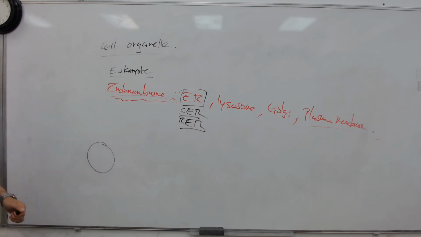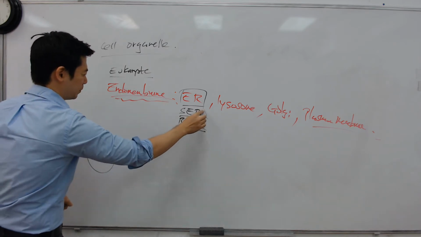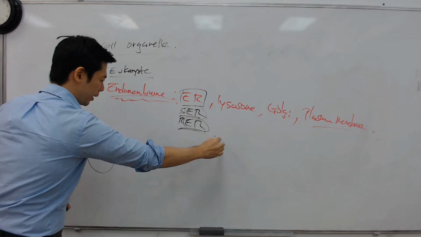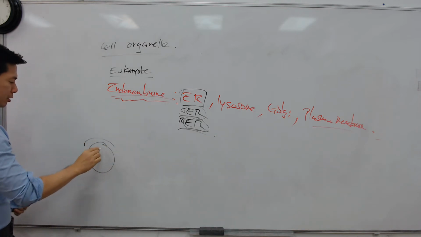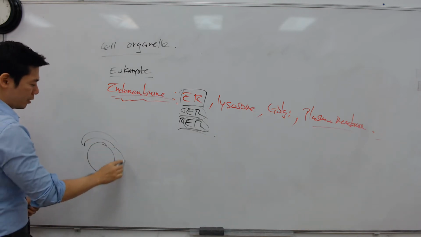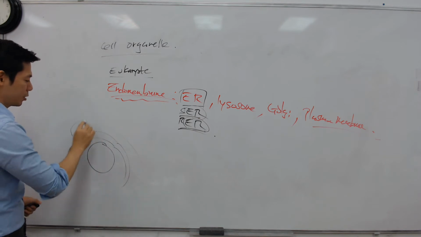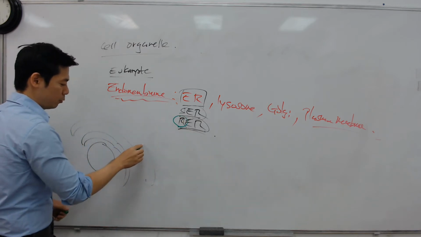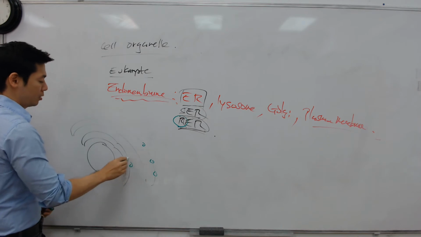With these ERs, you've got to understand they're just a bunch of channels. They've got rows, but the rough ER is right outside the nucleus, by the way. These are little sacs and channels right outside the nucleus. For the rough ER, they call it rough because it has ribosomes on the membranes.